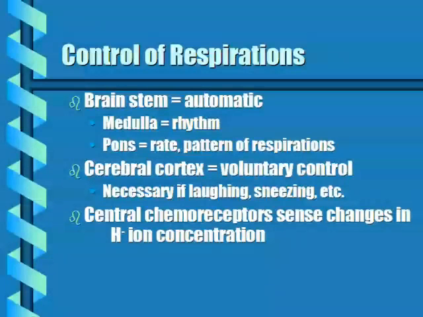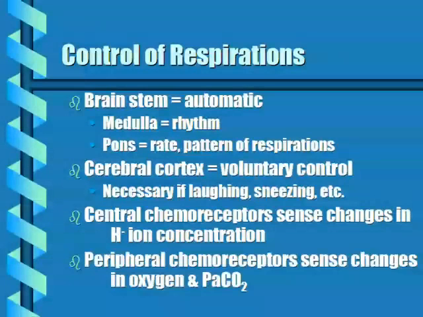Now, your peripheral chemoreceptors that are peripheral to the brain are located near your aortic arch and in your common carotids. And they will sense changes in your oxygen first, and then in your PaCO2. So they'll sense a decreased PaO2, which will cause your body to increase ventilations to get more oxygen in, or if you then increase PaCO2, it'll increase ventilations.